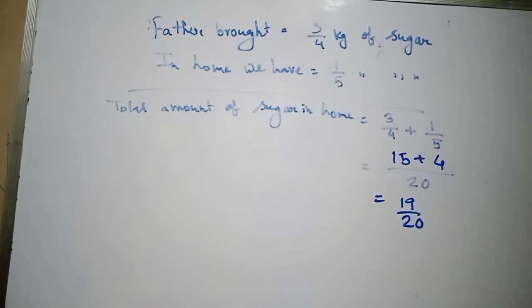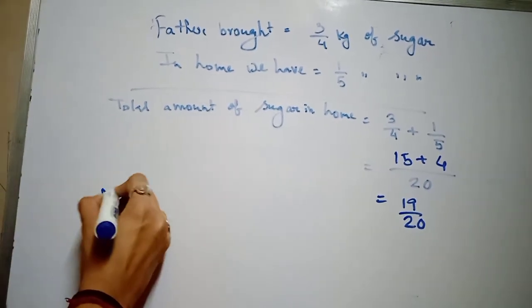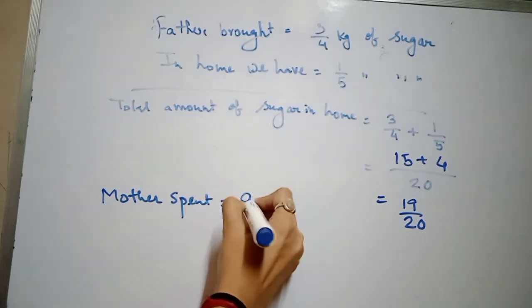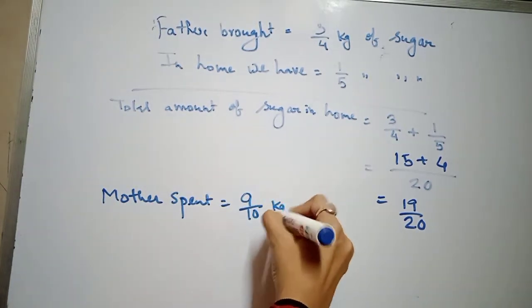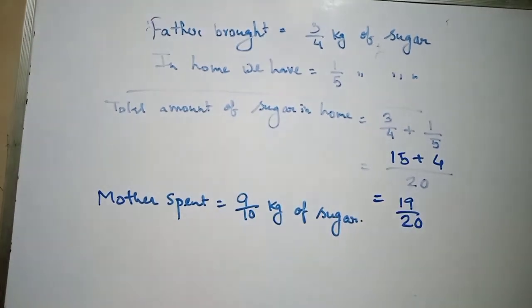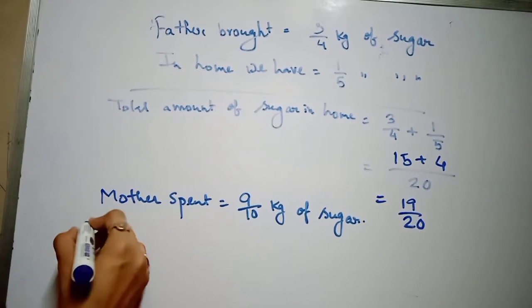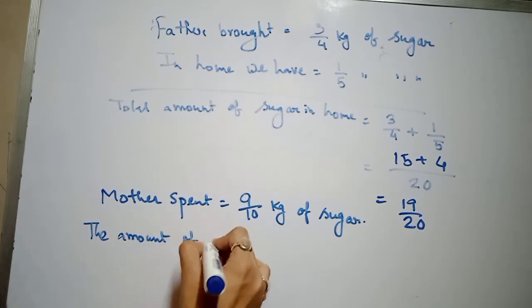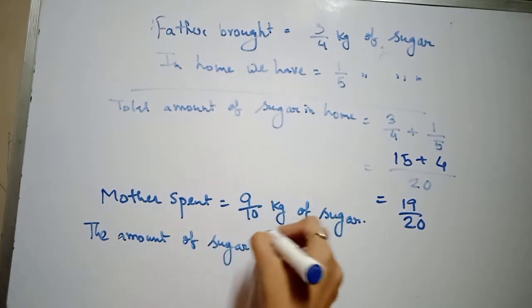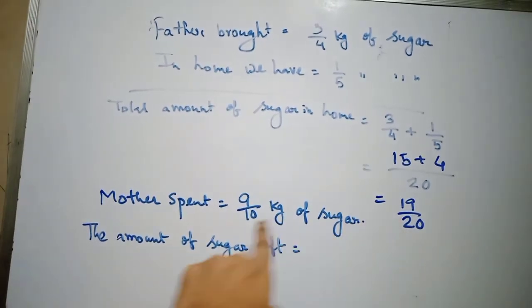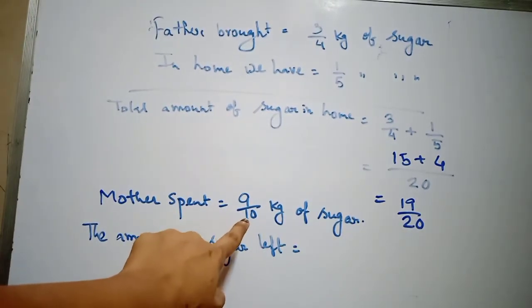Mother spent 9/10 kilogram of sugar. Now at the end of the day, how much sugar is left? So the total is this and this amount is already used.